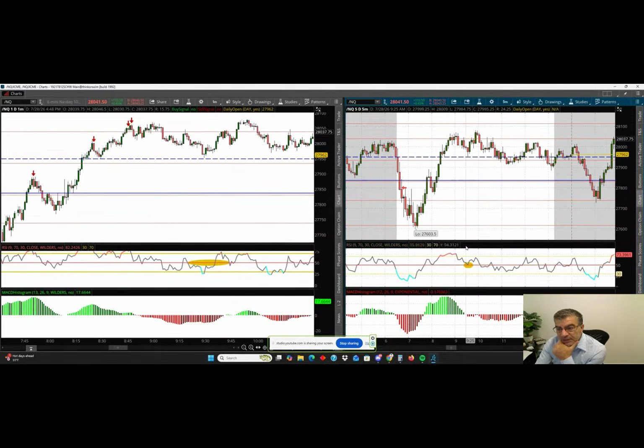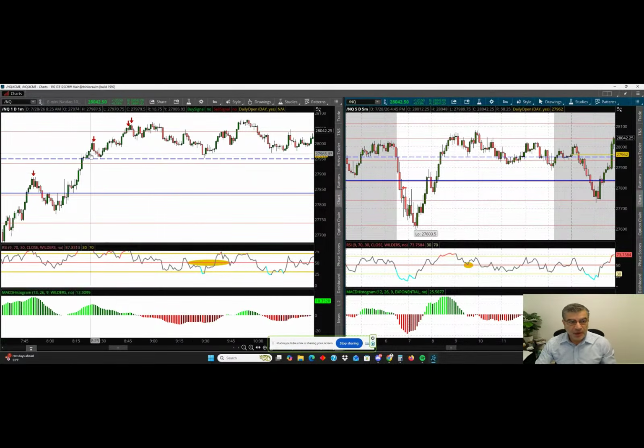On a 5-minute, RSI never went below the 50 level. Look at how it stopped there. So that was another indication or a confirmation that you could easily take a long here with a stop below the day session open or even below the TMT level there.